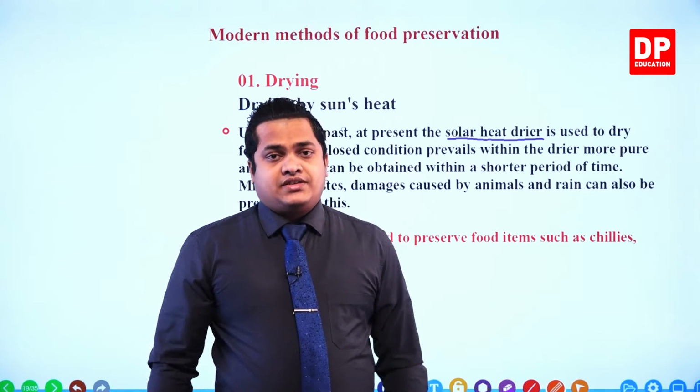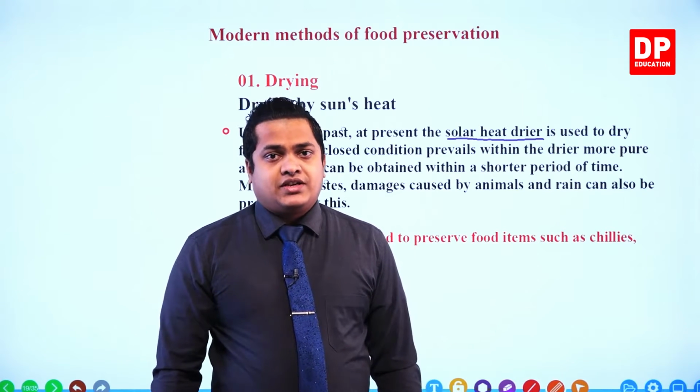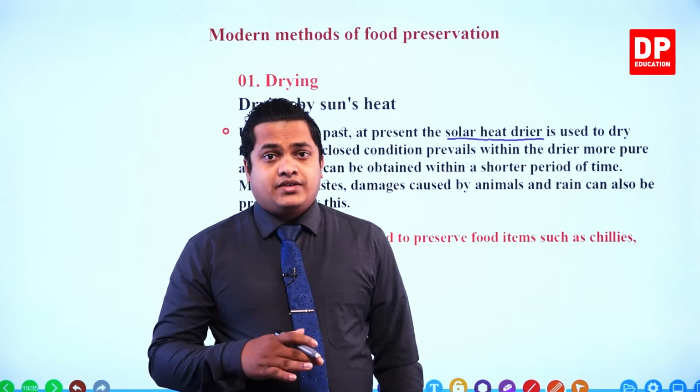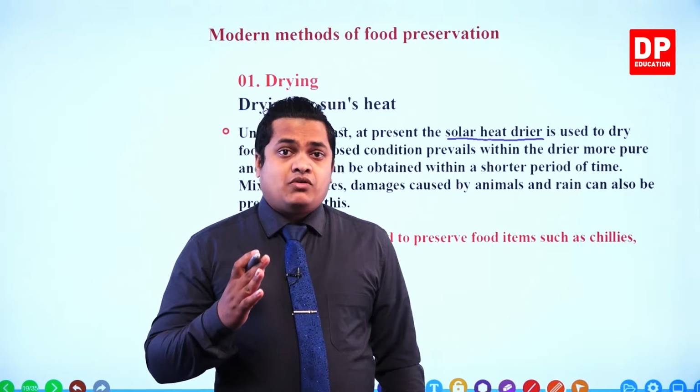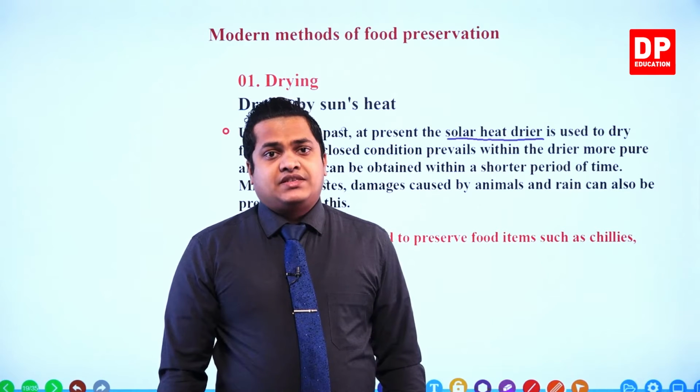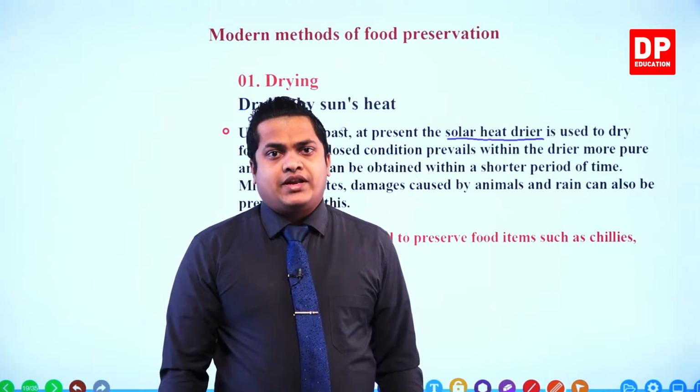In the earlier case, let's imagine that you are going to dry chilies. We have to keep the chilies under the sun for weeks in order to dry them properly. If they are not dried out properly, then definitely they will get spoiled.